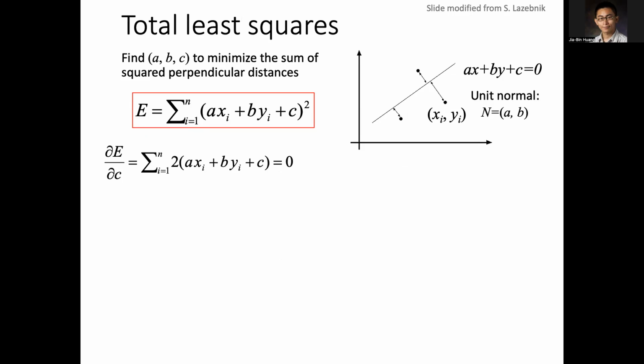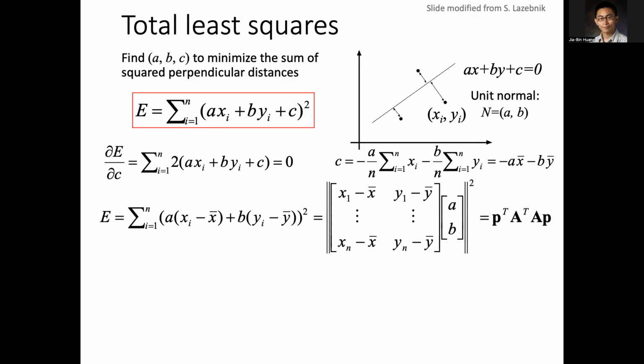That's your E. Again, you compute the gradient with respect to the parameters and set it to 0. That's how you find the minimum. We now find this minimum c is minus a times the mean of x minus b times the mean of y. If you plug this in, this gives you a linear system of equations that has this form.